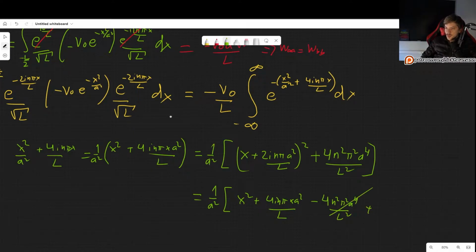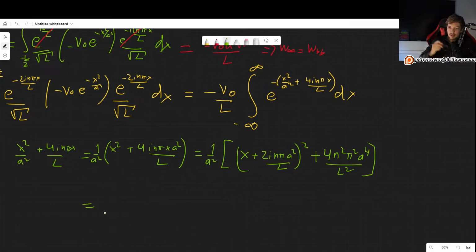Okay, so this is correct. It is very important that you do know how to complete the square. If this looks weird to you, then you should go back and learn very well how to do it, because this is something that you will need often.